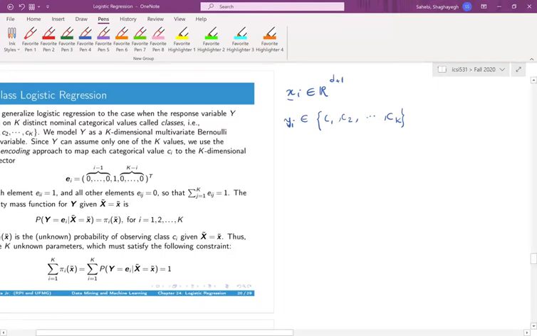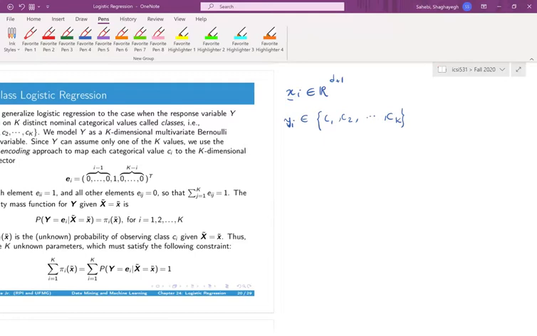And because it was a 0-1 situation, it was easy for us to define it as the probability of being in class 0 or the probability of being in class 1. How do we encode our classes when we have multiple classes? The way we do it, and it's a popular way to do it in deep learning or neural networks also, is to encode the yi's using something that we call one-hot encoding.